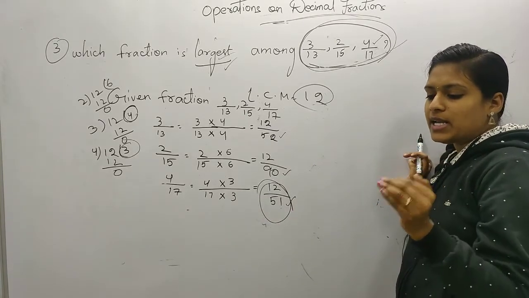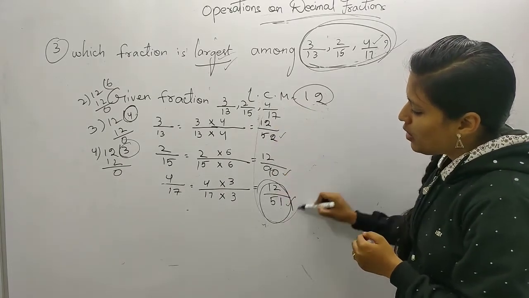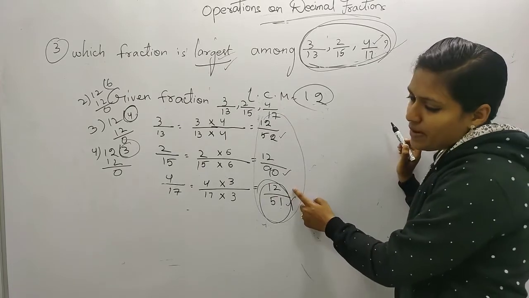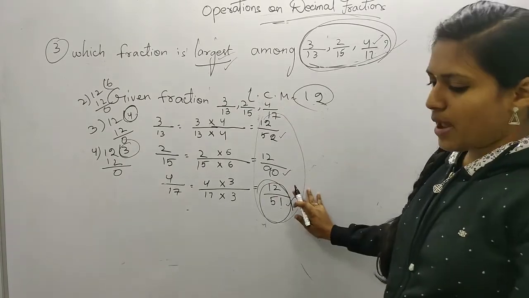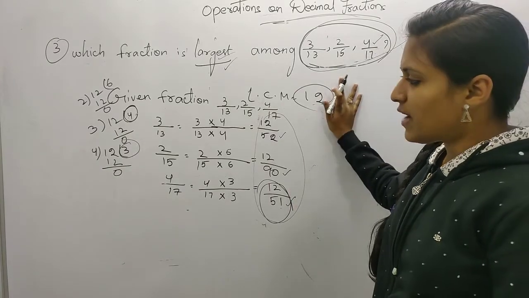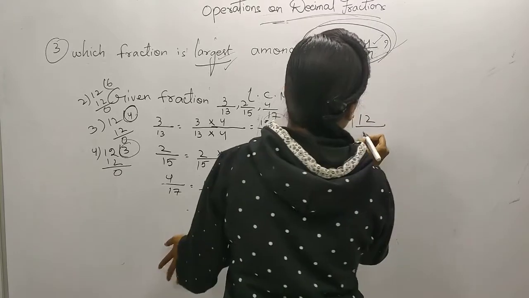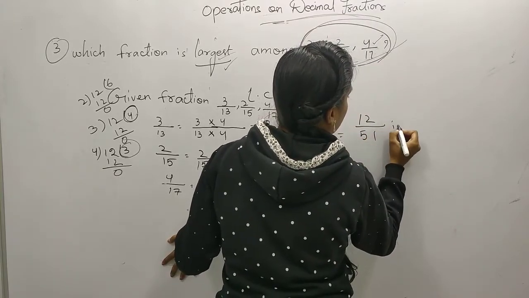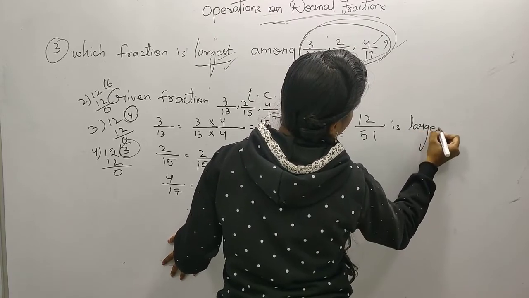In these three, 51 is lowest. Means 12 by 51 is the largest fraction.